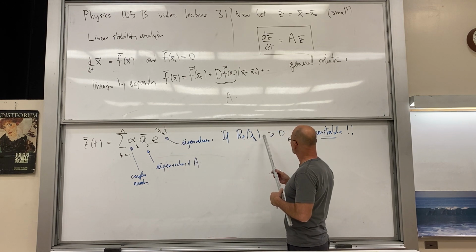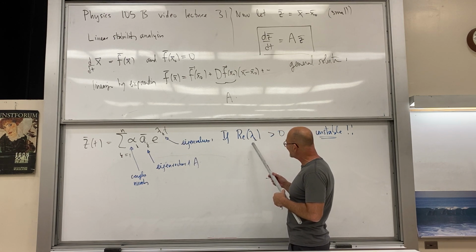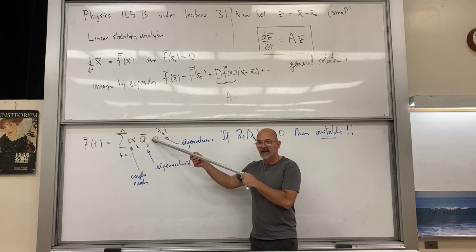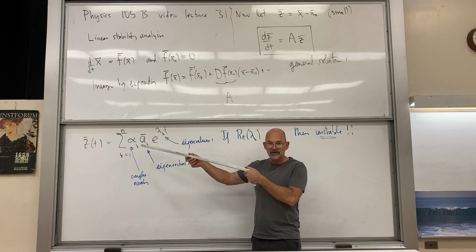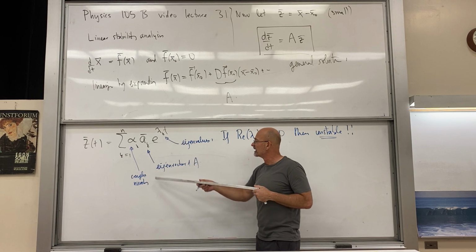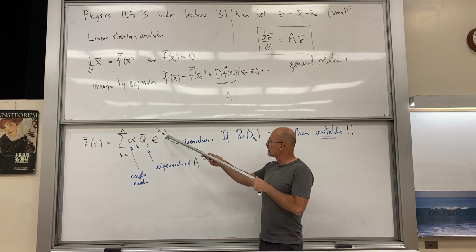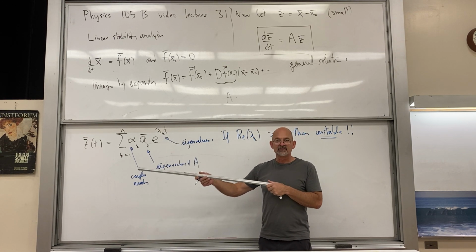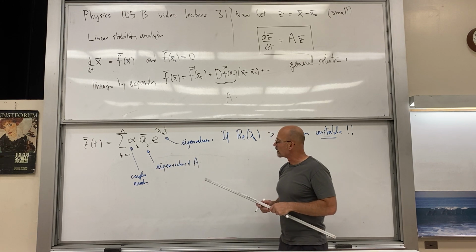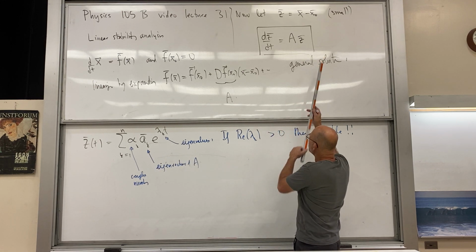If the real part is negative, then of course this term decays exponentially, goes to 0. And if the real part is purely imaginary, then it's just oscillating, it's not growing out of bounds. Remember that z is a small quantity.